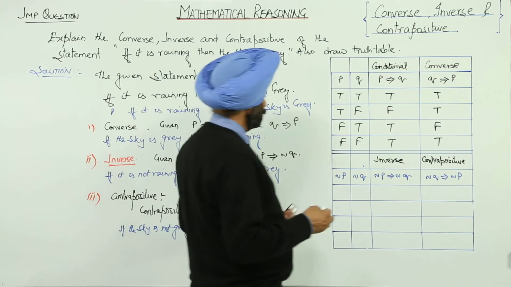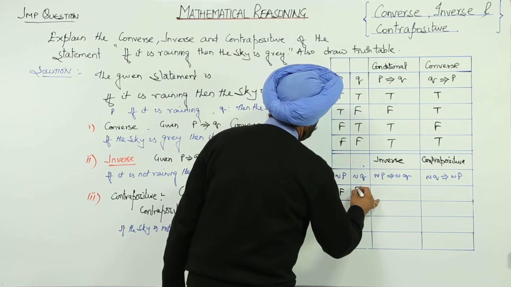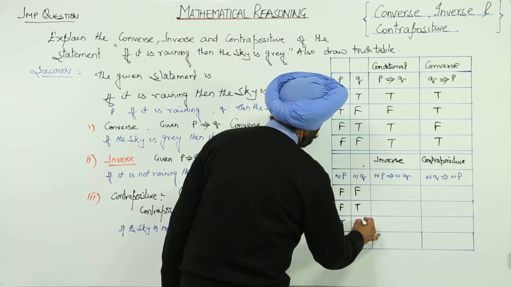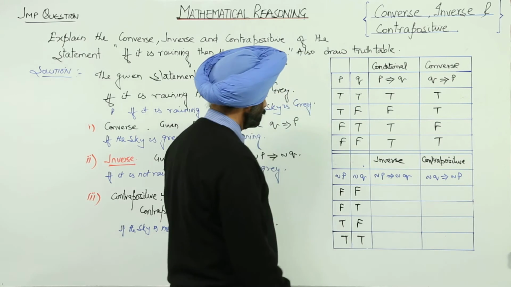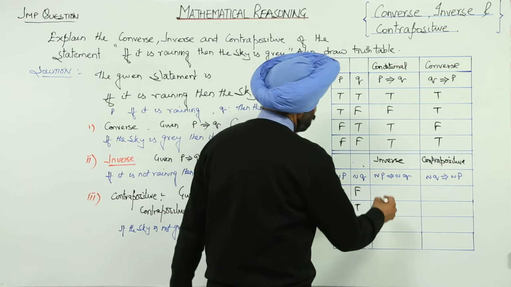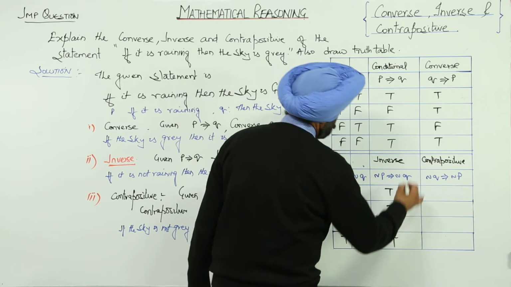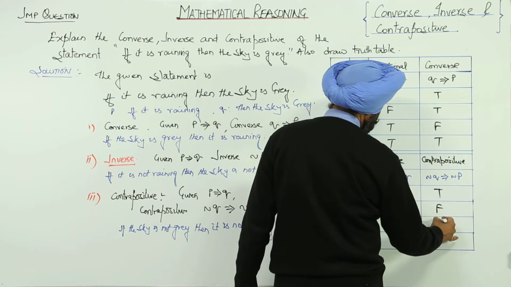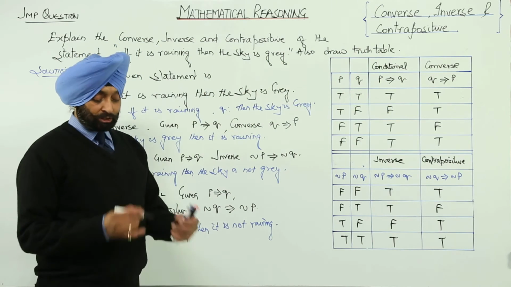So now this becomes false and false, false and true, true and false, true and true. Okay. Now inverse part we are having true, true, false and true, and contrapositive we are having true, false, true, true. Okay. So this is the truth table.